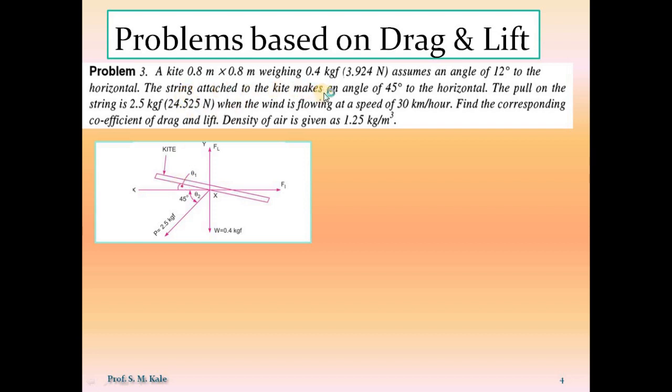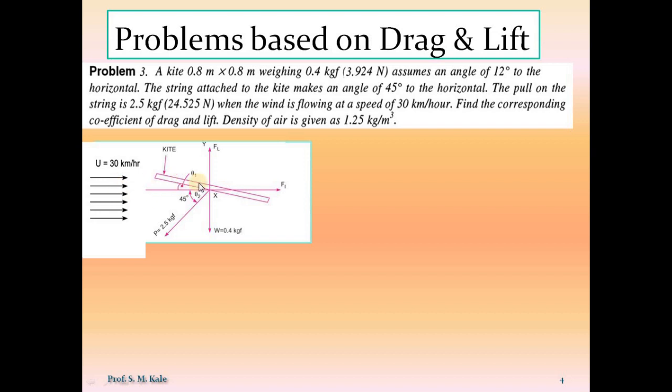The string attached to the kite is making an angle of 45 degree with the horizontal. So here one string is attached to the kite and that string is making an angle of 45 degree with the horizontal. The motion of air on the kite will be towards this direction. So whatever surrounding air is there, its motion will be towards this direction.